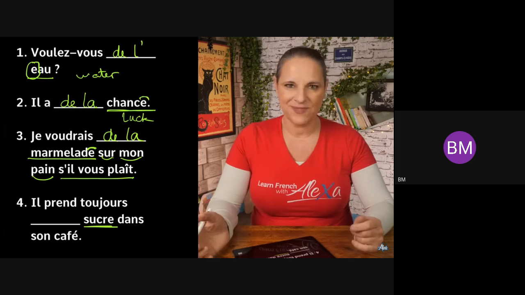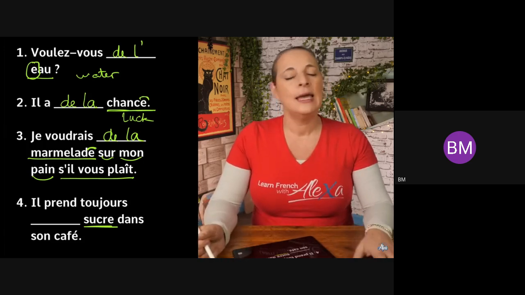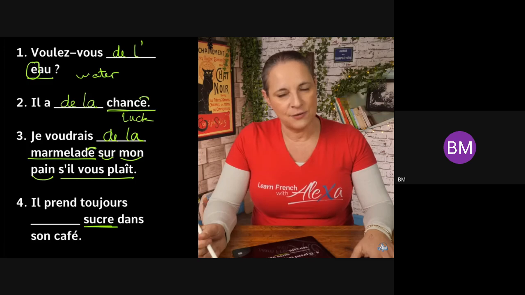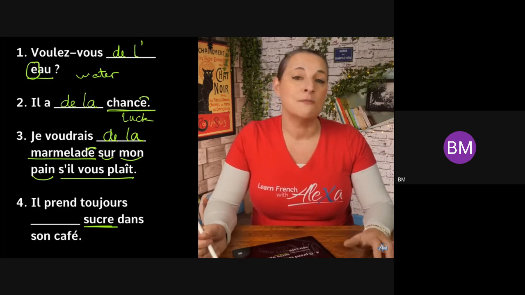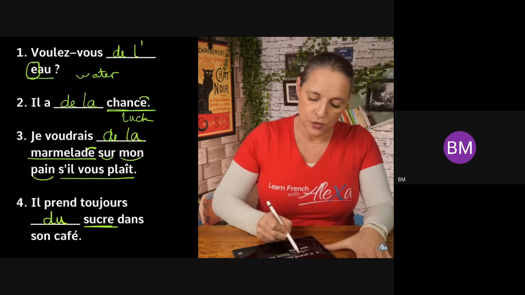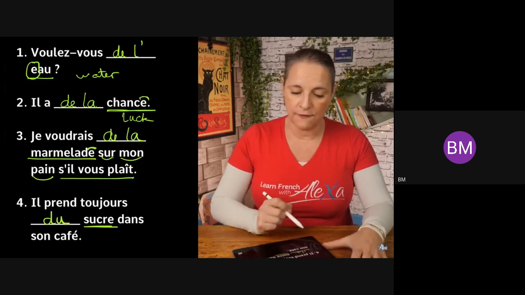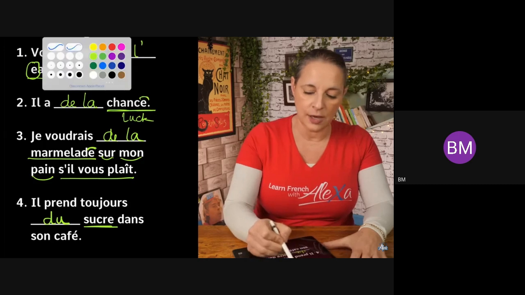Now, you think there is an E, likely to be feminine, de la sucre. Well, this is where the exceptions to the rule apply. Sucre is actually masculine. So it is du sucre. Okay? Il prend toujours du sucre dans son café. He always takes sugar in his coffee.